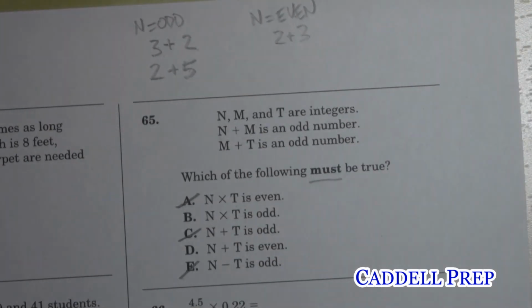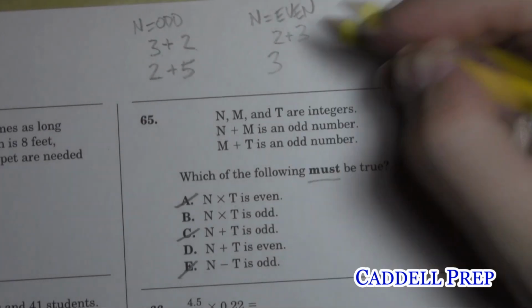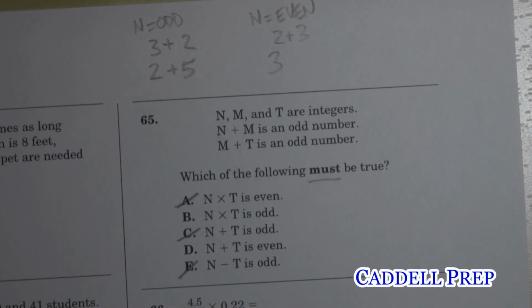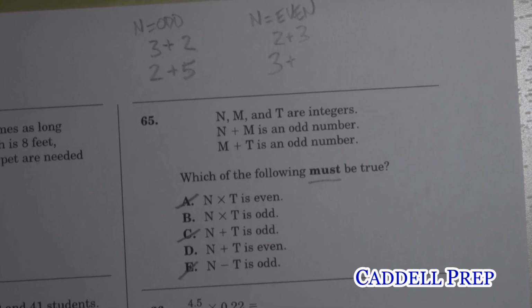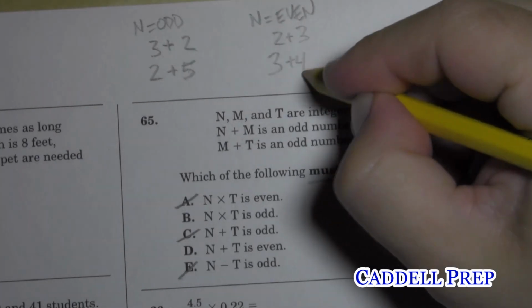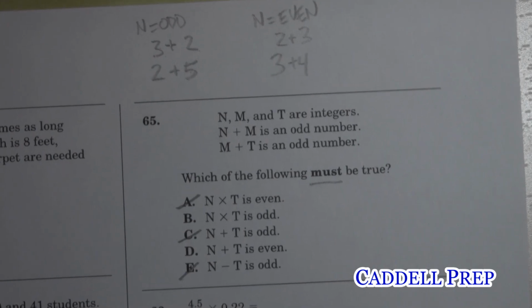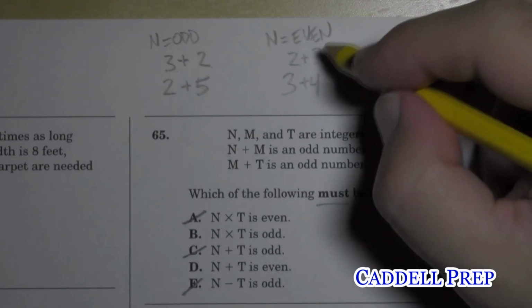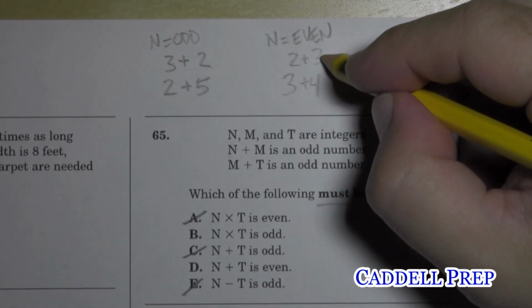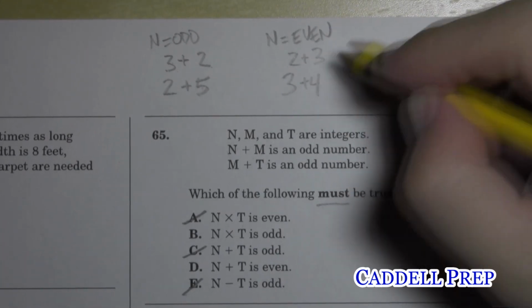So in this line, M plus T, we have that M is 3, and M plus T must be an odd number. So that works if T is 4, because 3 plus 4 is 7. So now in this case, we have that N is 2, M is 3, T is 4.